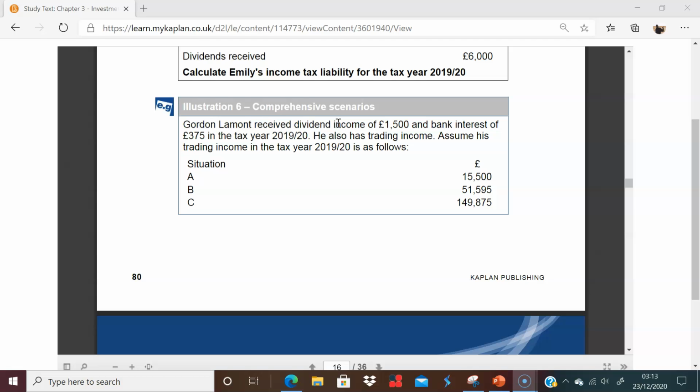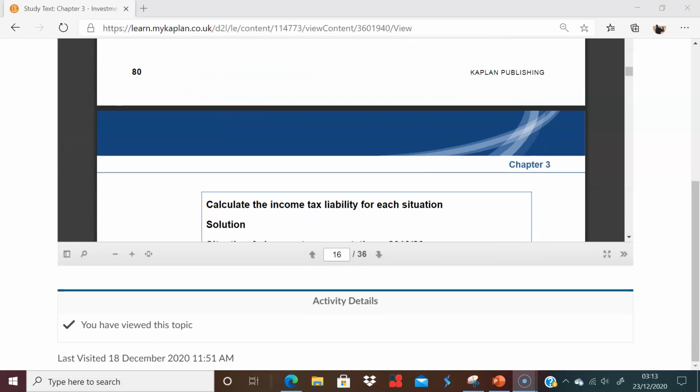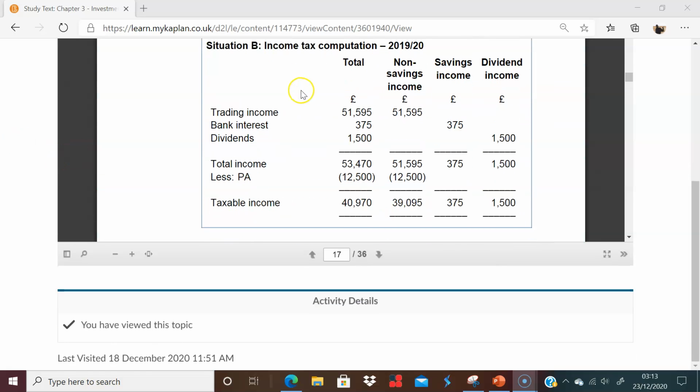So just another illustration here. We have our friend here, Gordon Lamont, who received dividend income of 1,500 and bank interest of this, and also received these sources. So I'm going to go to B, just to show you what B looks like. But again, put your 3 tables in place, have your total column, and then of course utilize your personal allowance.